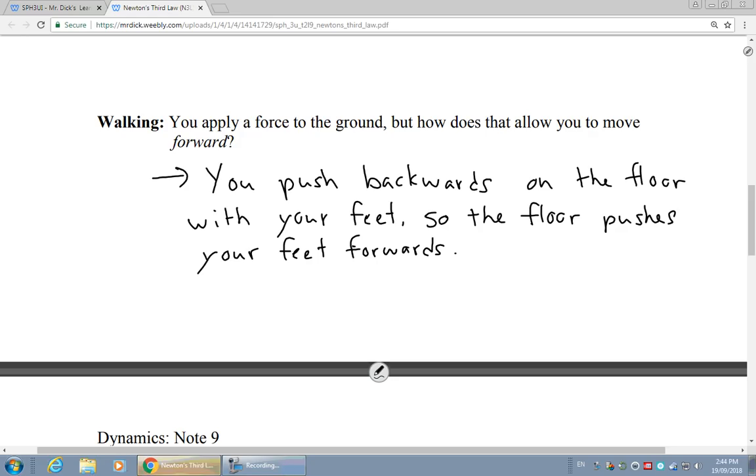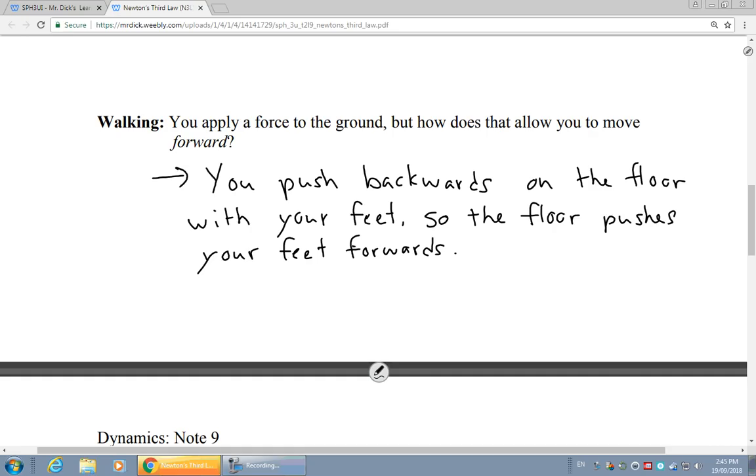And again, each foot and the ground are representing the two separate objects. So you have one foot that's pushing backwards. That's your foot applying a force in one direction backwards onto the floor. And so the floor, being the other object, applies a force to push that foot forwards. And both of your feet end up doing this in an alternating fashion.